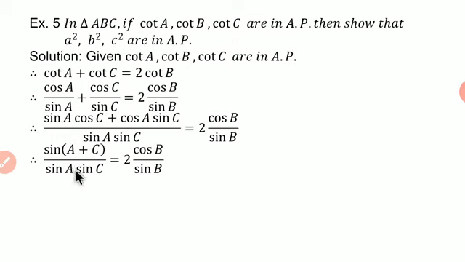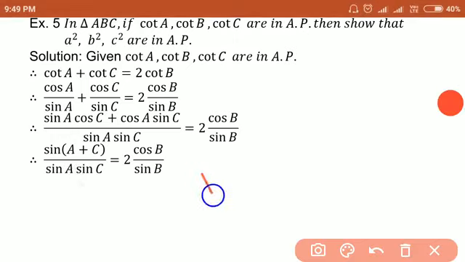Now in triangle ABC, we know A plus B plus C is equal to pi.